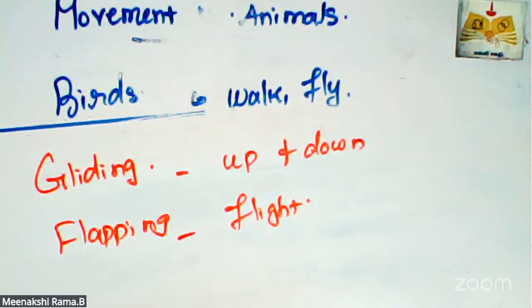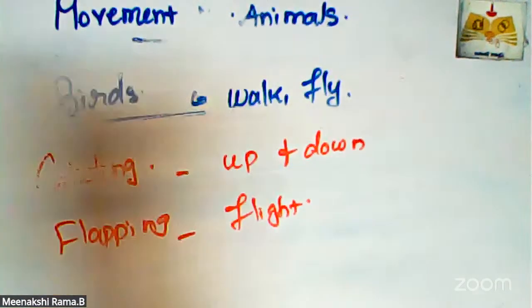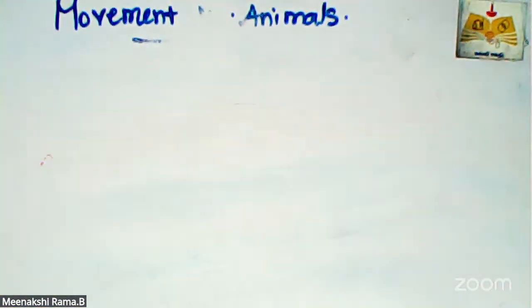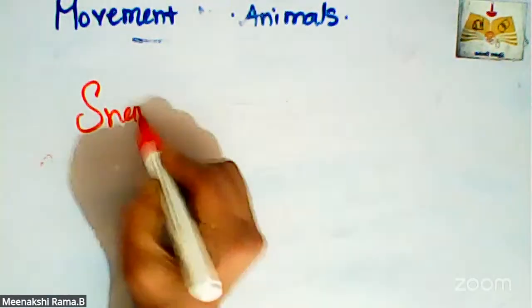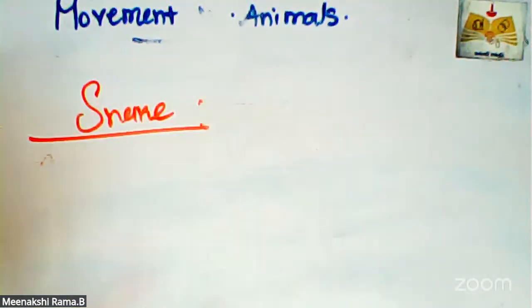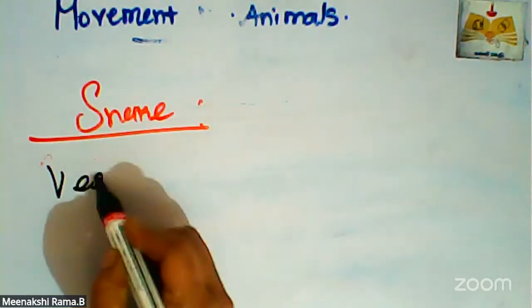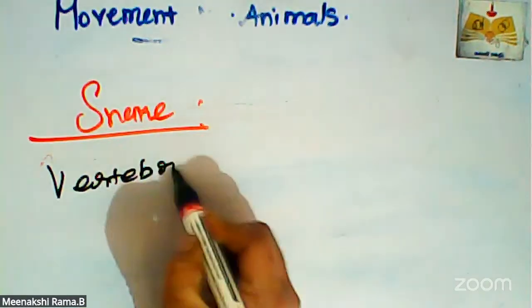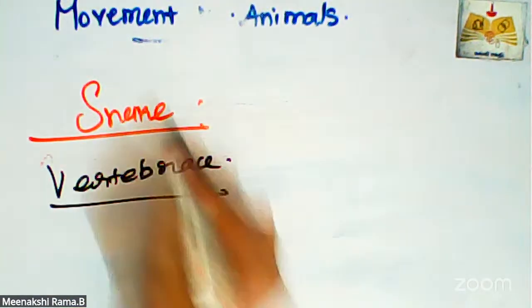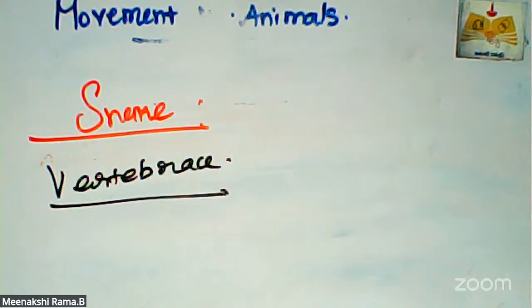Yes. Next animal is the snake. Another animal is a snake. Yes, the snake is a dangerous animal also, is it? The body of the snake consists of a large number of vertebrae. A large number of vertebrae is present in the snake's body.